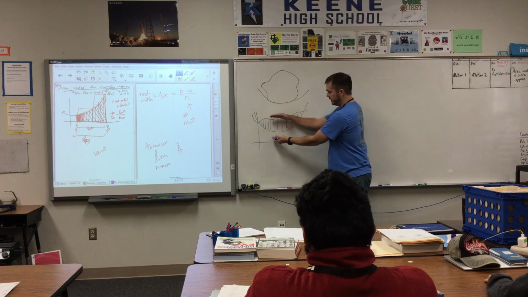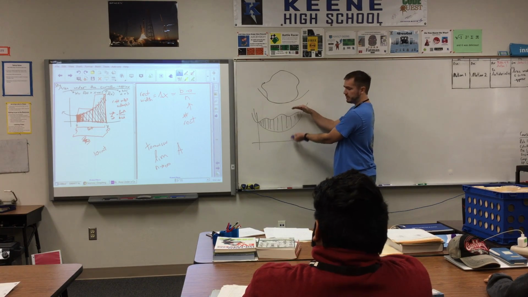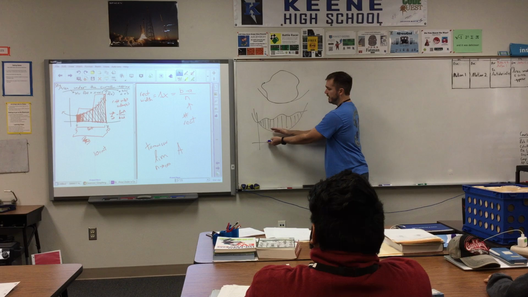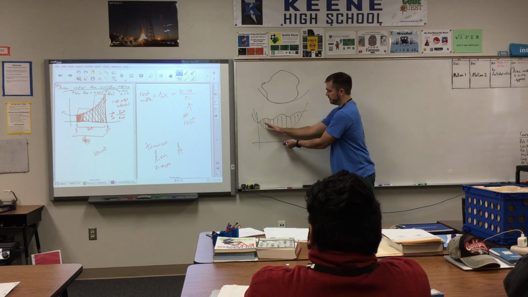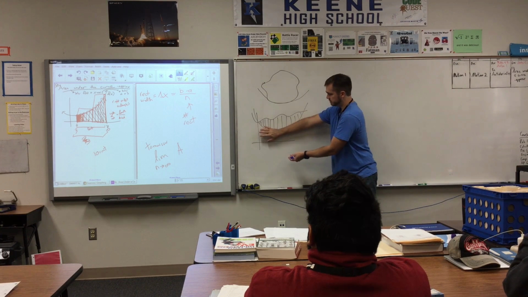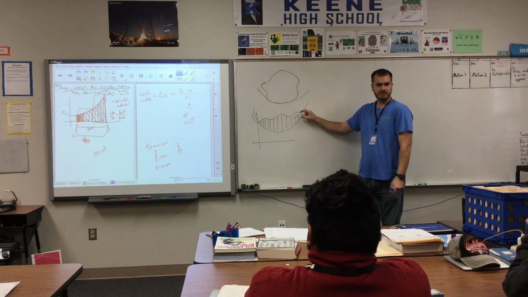Find the area of everything under the wavy curve, all the way down to here, and then subtract out all the area underneath this open parabola. What's left over is that region right there.